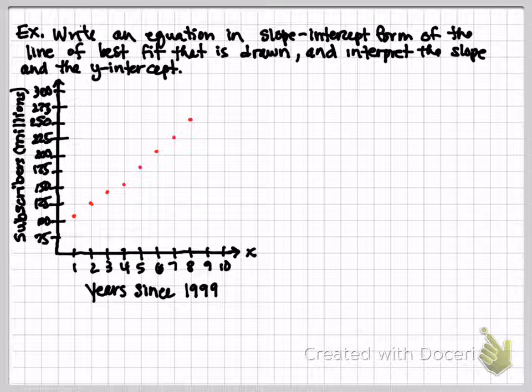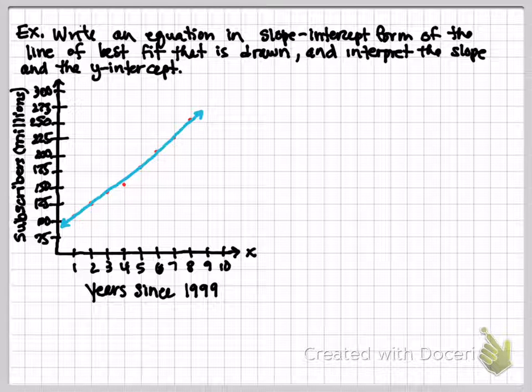Okay. And then what they did is they drew a line that went through this. And it went through most of the points. It didn't go through all of them, but it went through most of them. Okay.